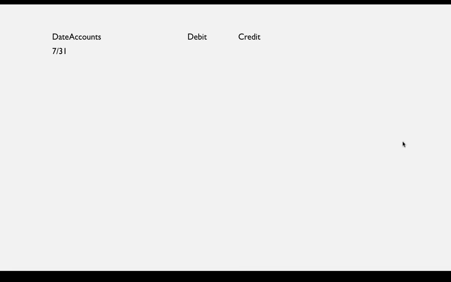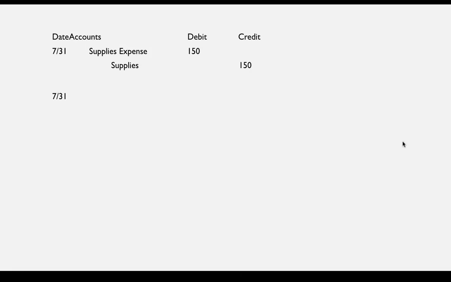So we want to decrease our supplies account, and supplies is an asset. So to decrease an asset, we want to end up crediting supplies, which means that our debit has to be an expense. And the expense that we're going to use here is going to be supplies expense, right? So if we come through here, you'll see supplies expense of $150 and then crediting supplies of $150.